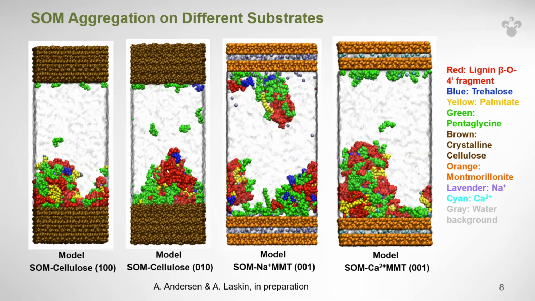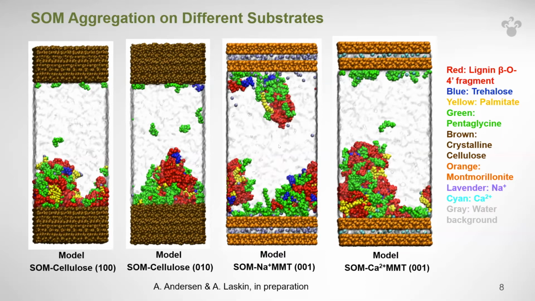So the red is the lignin fraction, the blue is the trehalose fraction, the green is the peptide fraction, and the yellow is the lipid fraction. And we found that these compounds readily aggregate and adhere to these surfaces.